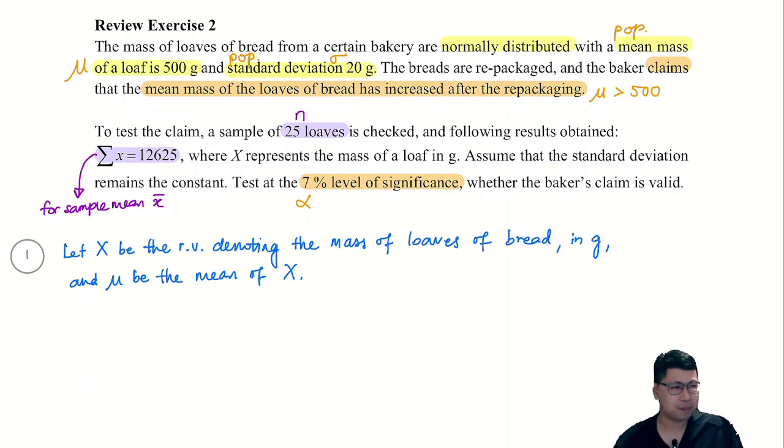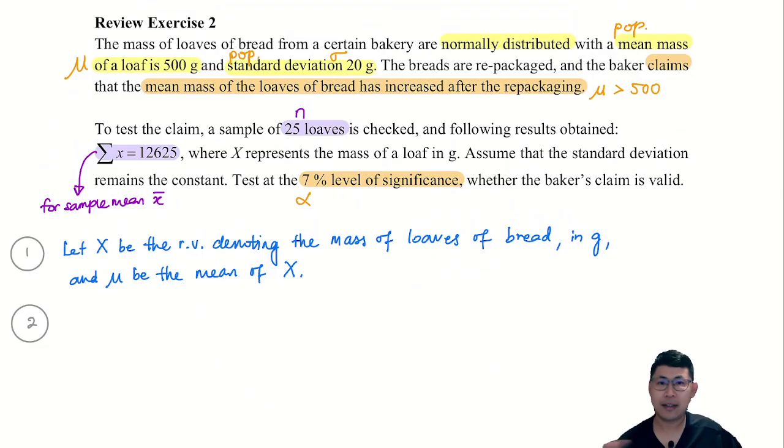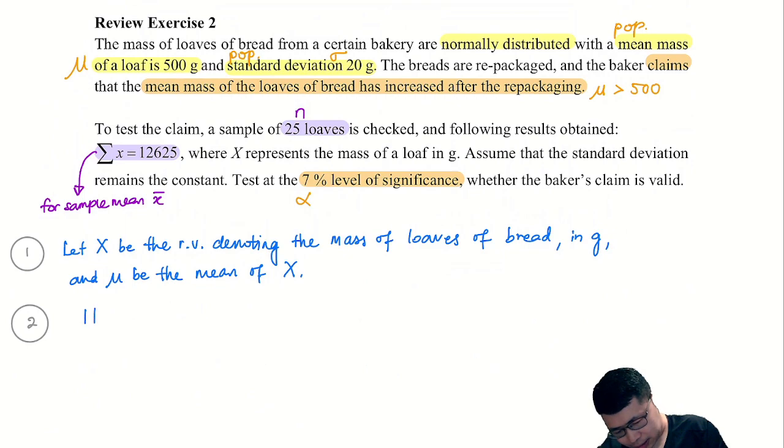Step 2, state the null hypothesis and the alternative hypothesis. In general, for our syllabus the null hypothesis contains the equal sign, and the alternative hypothesis contains the strict inequality. This is how we would normally set up our hypothesis testing. For step 2, our null hypothesis H naught is the statement with the equal sign: the population mean is 500.